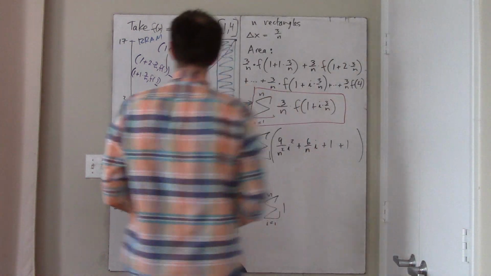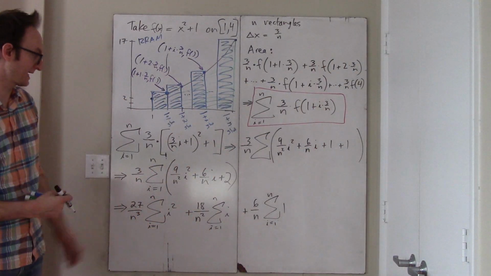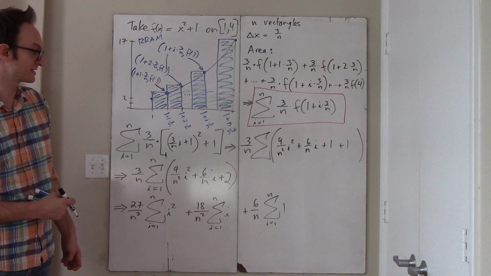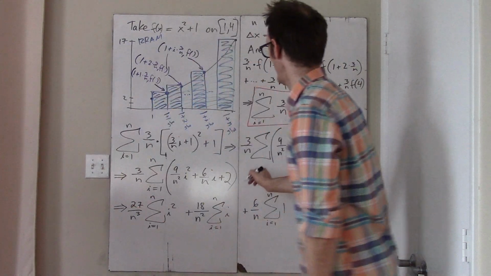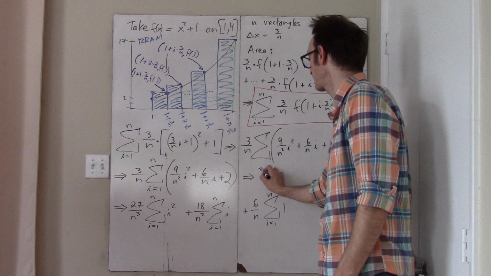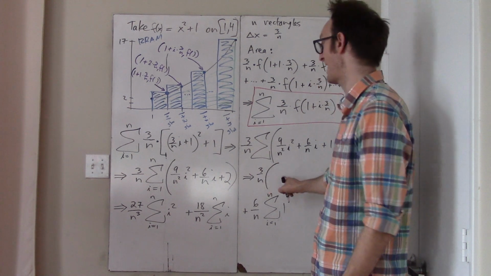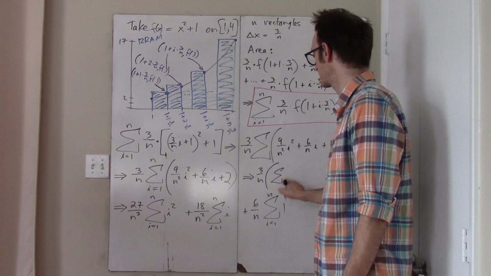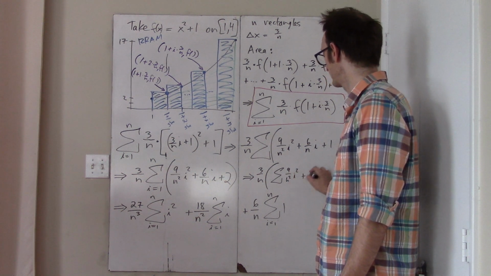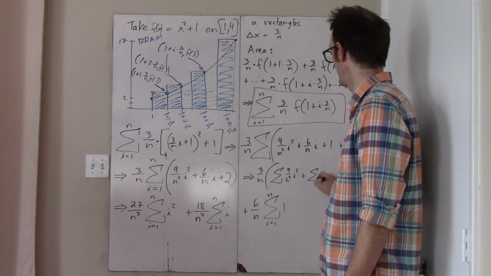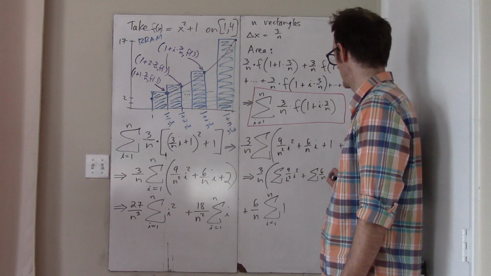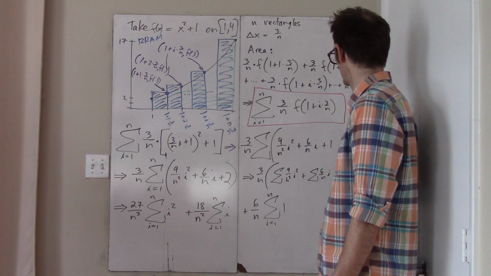In other words, I'm doing it in 2 steps, I guess. Maybe that's more confusing. Maybe if I insert one more line here, what I'm really doing is I have the 3 over n, but then outside of all of that, I want to split up these summations into the sum of 9 over n squared i squared plus the sum of 6 over n i plus the sum of a bunch of 2's.